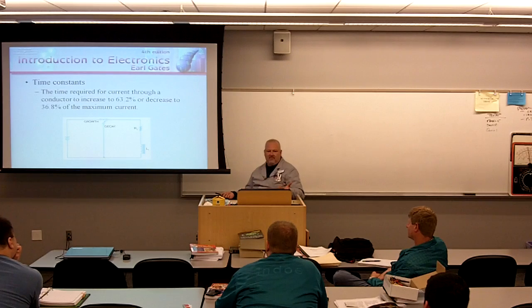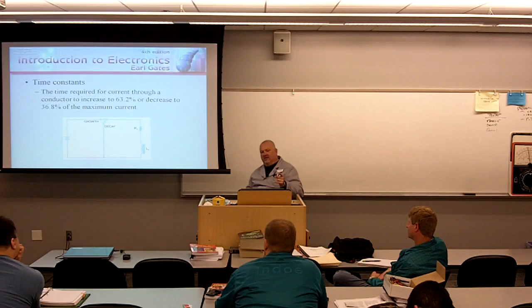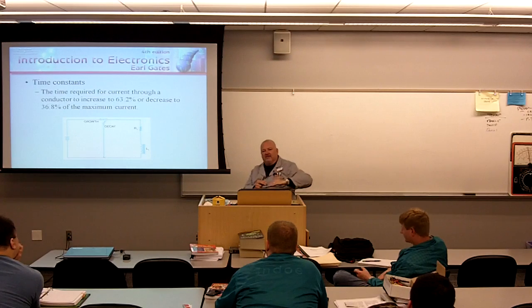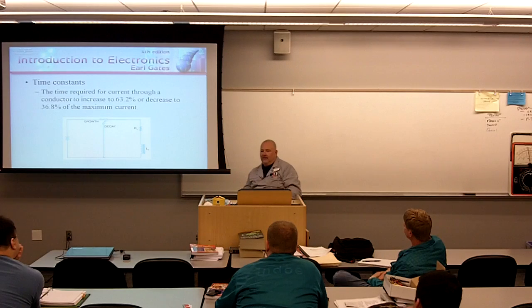Time constants. The time required for current through a conductor to increase to 63.2%. So if I apply 100% to it, in that first time constant it's going to rise 63.2%. In the next time constant, it's going to gain 63.2% of what's remaining.